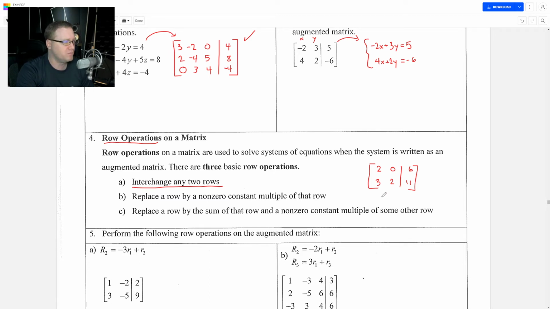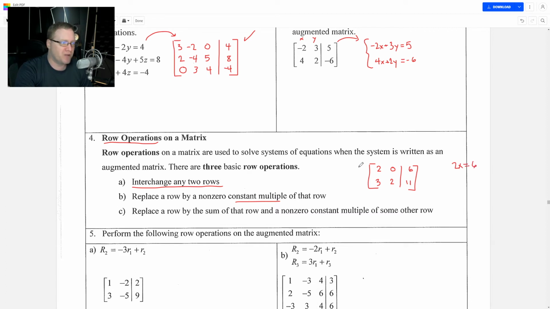All right. Another thing we can do is we can multiply a row. A constant multiple means we can take a number and multiply the whole row by that number. Well, does that work? Well, let's think about it. If I have this one, which is 2x plus 0y equals 6, so that's 2x equals 6.